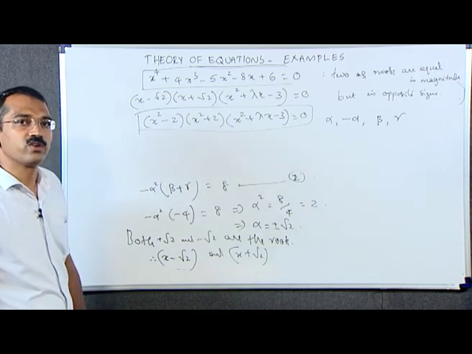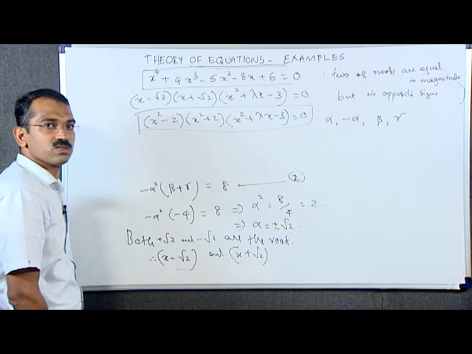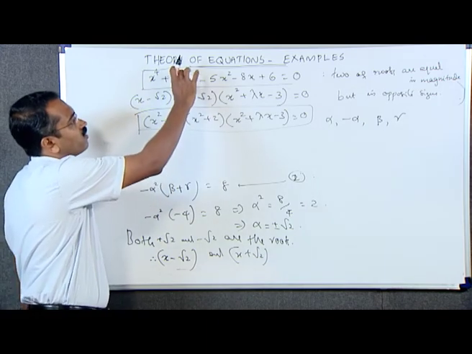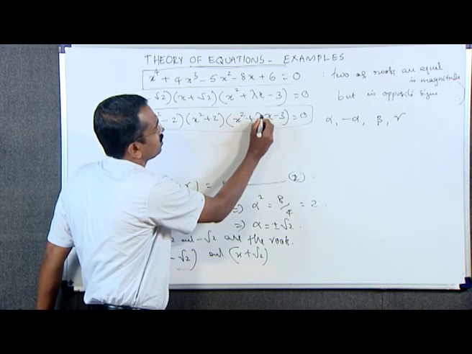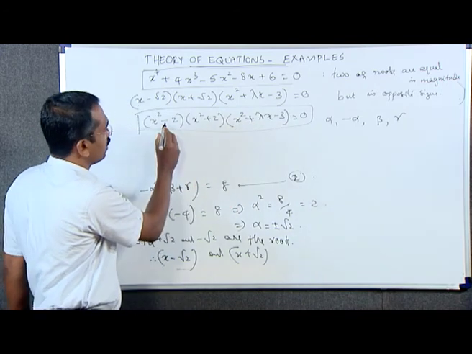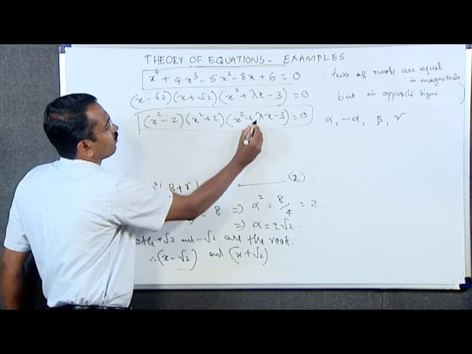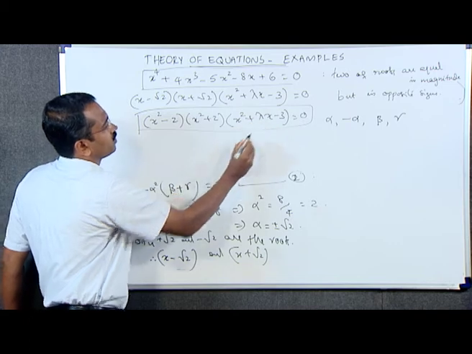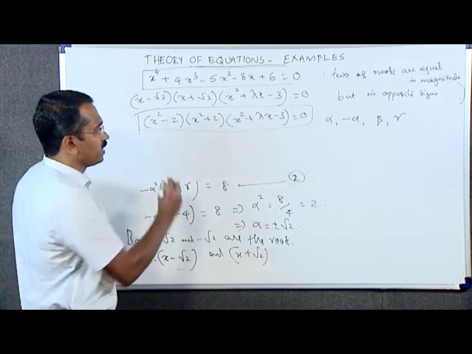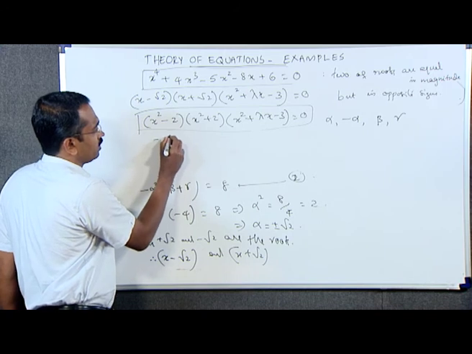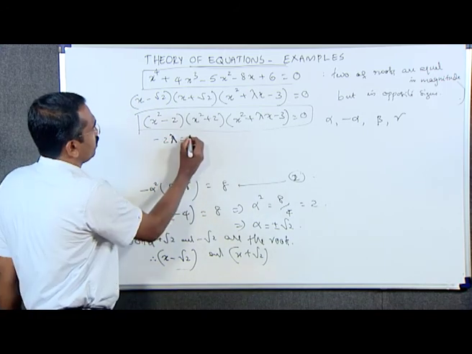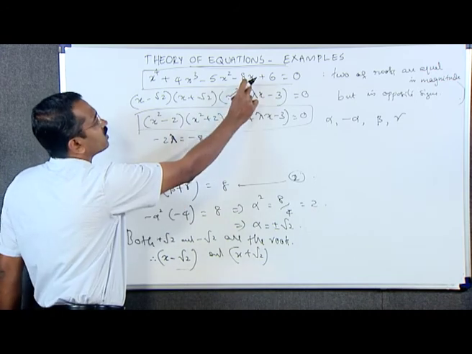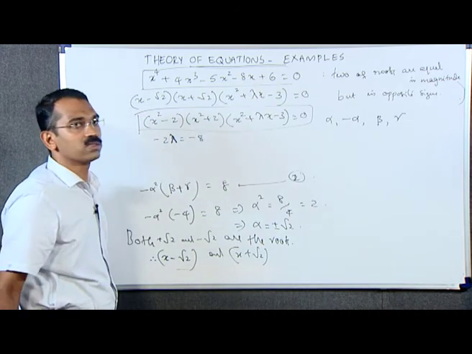We can equate the coefficients of x, and we will get minus 2 lambda x. Therefore, we can write minus 2 lambda is equal to minus 8, since in the given equation the coefficient of x is minus 8.